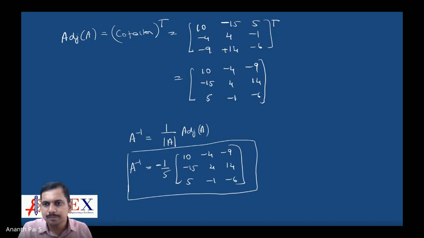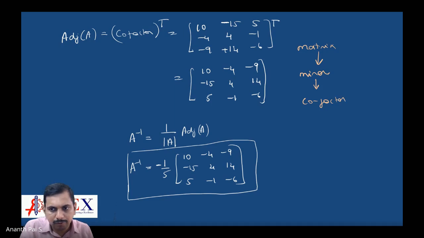What do you do? Matrix. Then you find its minor. From the minors you find the cofactor. From the cofactor you find the adjoint. From the adjoint you find the inverse.